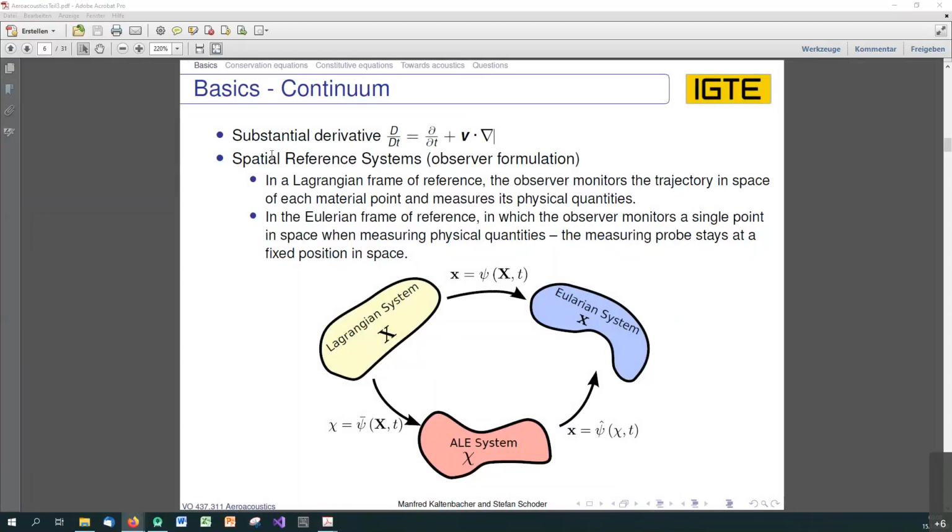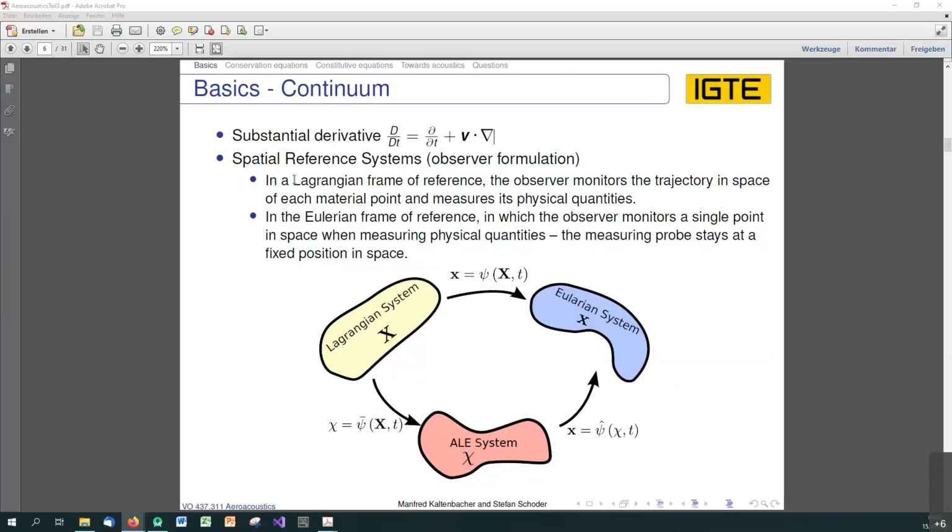And now we come to a very important concept in continuum mechanics. It's the spatial reference system, or the observer formulation. So there are two opposing ways of defining your observer.